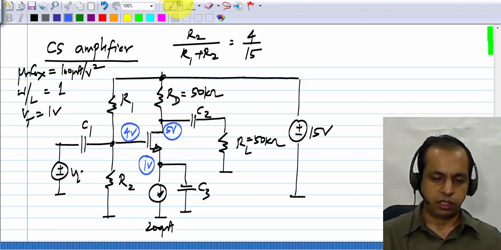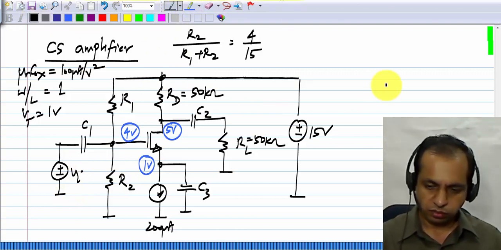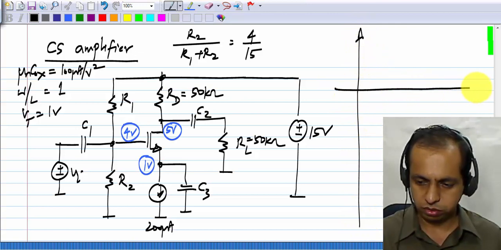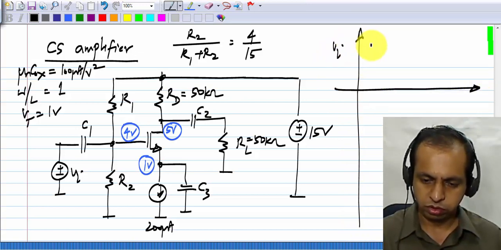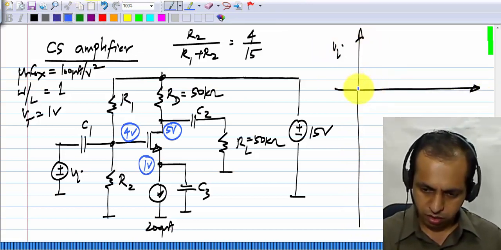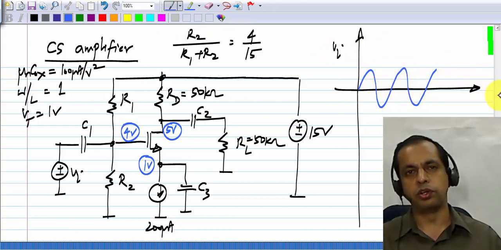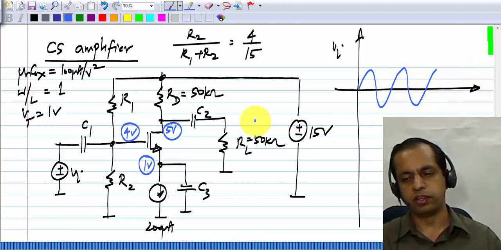Now let's imagine that Vi is a sinusoidal signal and we apply the sinusoidal signal to the amplifier.